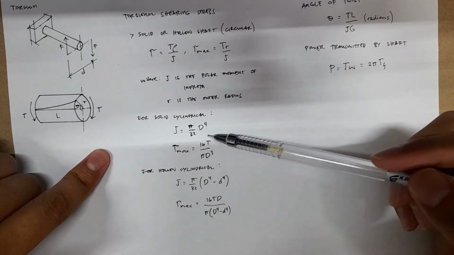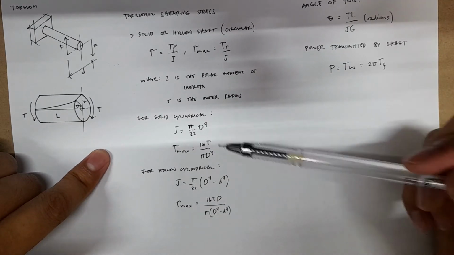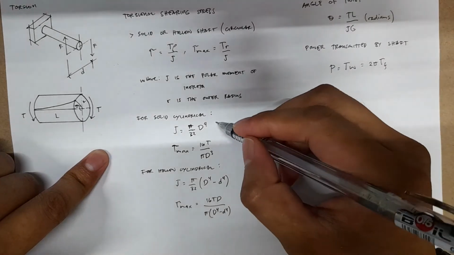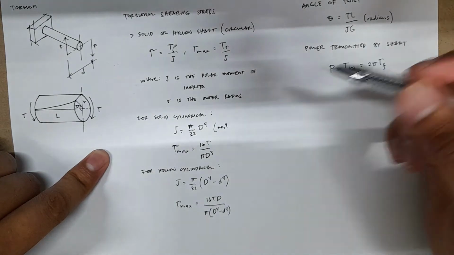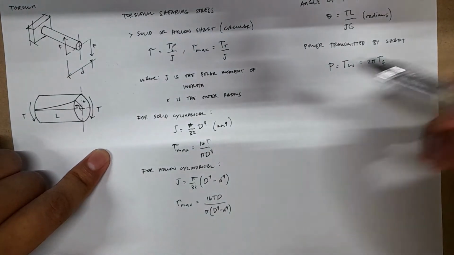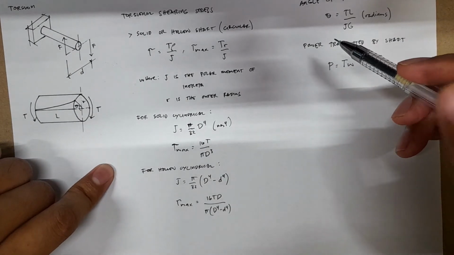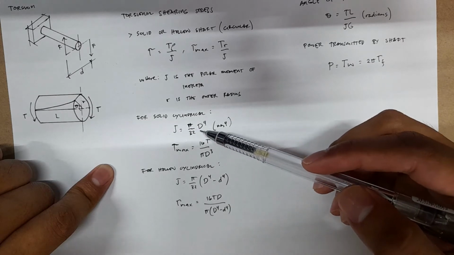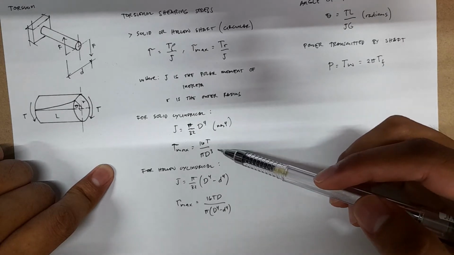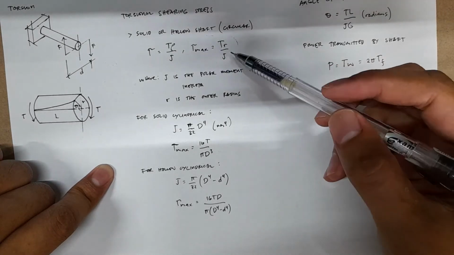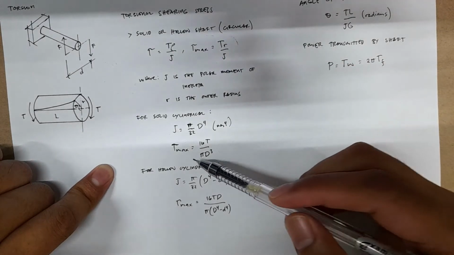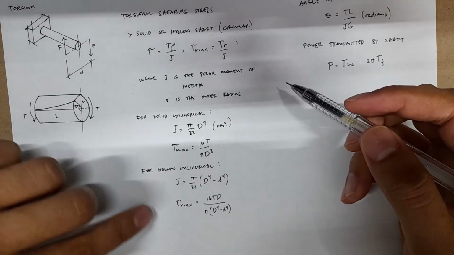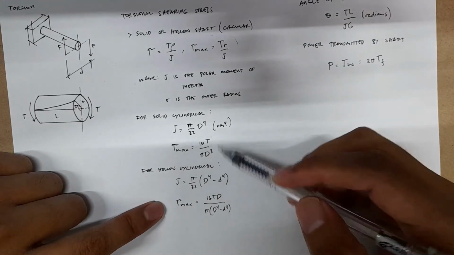The unit for J is length to the fourth, or mm^4 in SI, and the equivalent in English units is inches to the fourth. So if J equals pi over 32 d to the 4, and you substitute this to here, knowing that R is just d over 2, you will arrive at this equation of the stress max for solid cylindrical shafts.